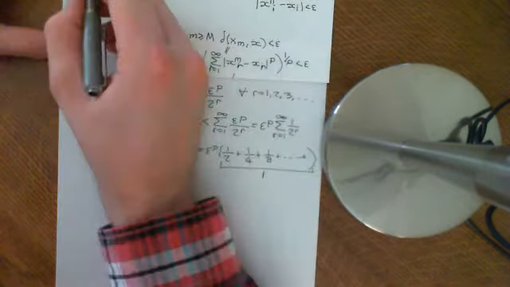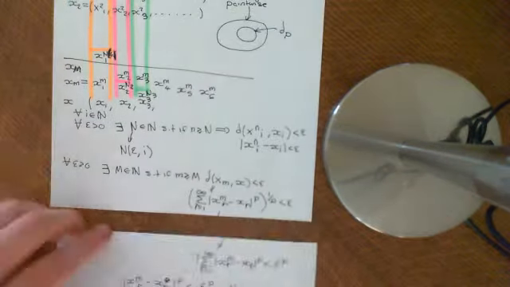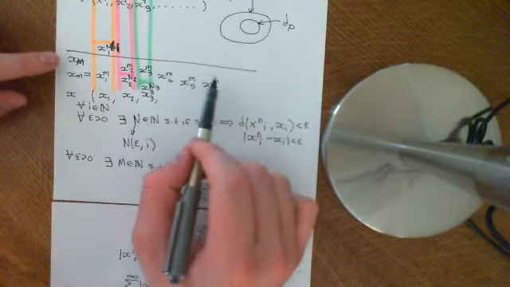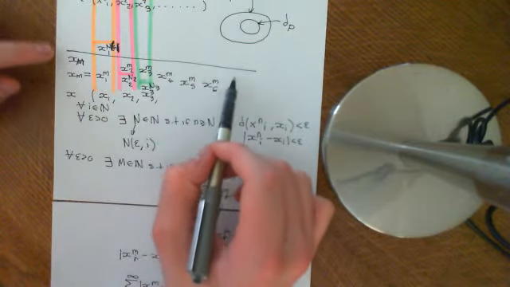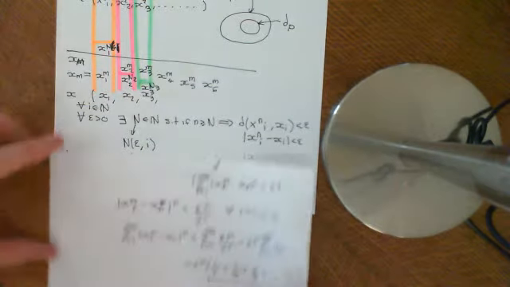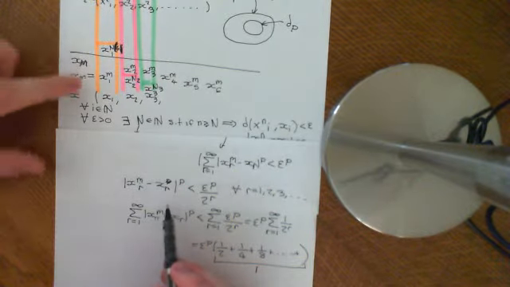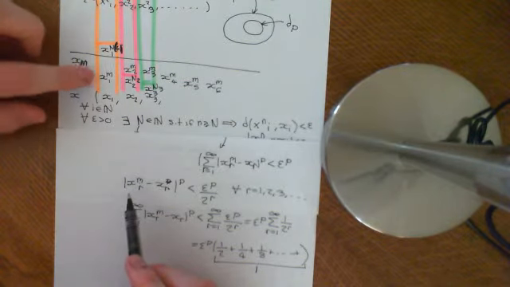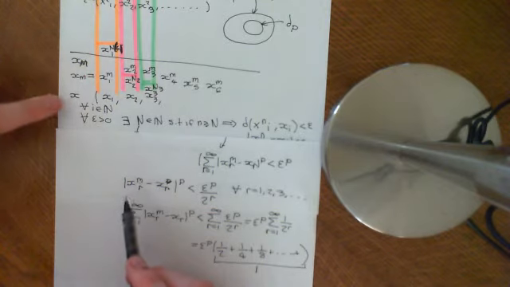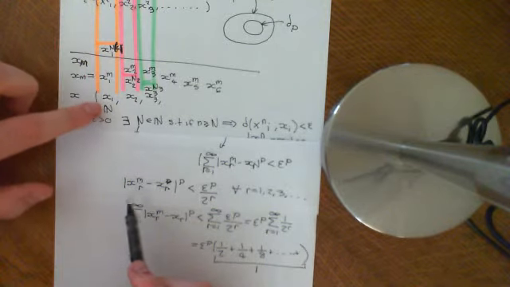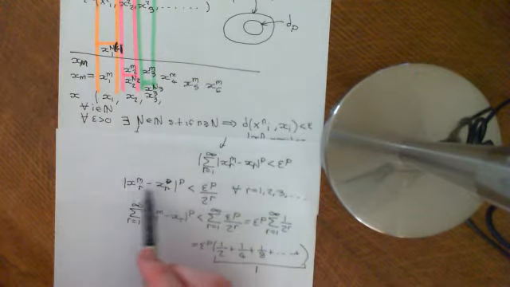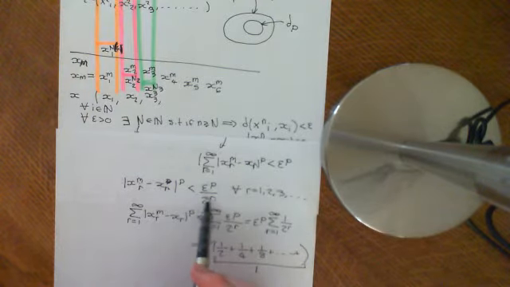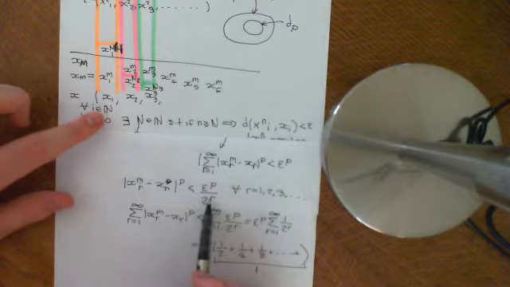What we need is an x big M, some point in this sequence of sequences, such that if you take any sequence beyond that x big M, this statement is true, i.e. the modulus of the difference between the first term of the nth sequence and the first term of the termwise limit sequence, to the power of p, is going to be less than epsilon to the power of p over 2, in this case r equals 1, so over 2.